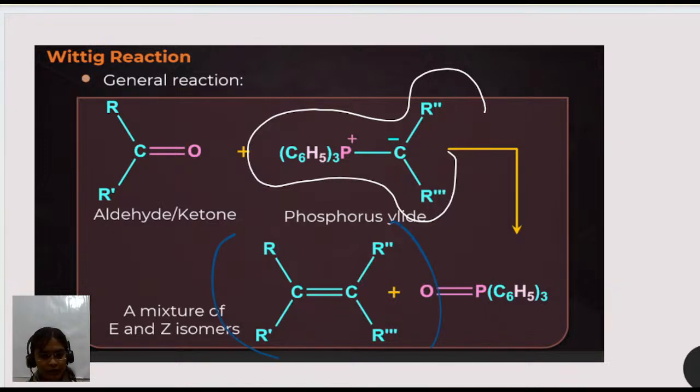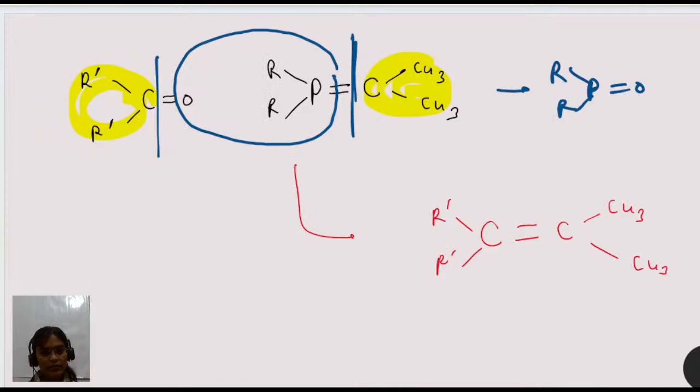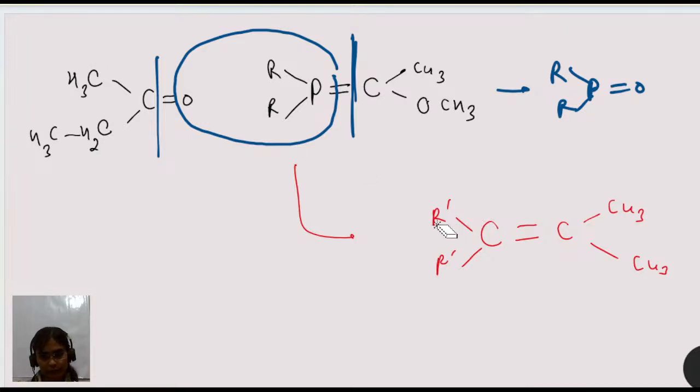For example, just answer this question. Is it E or is it Z? Let me just use some R values. It is a CH3, and a CH2 and a CH3, and an OCH3. I just want to ask, is it Z or E?